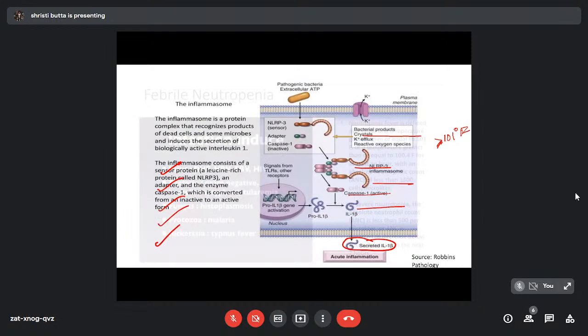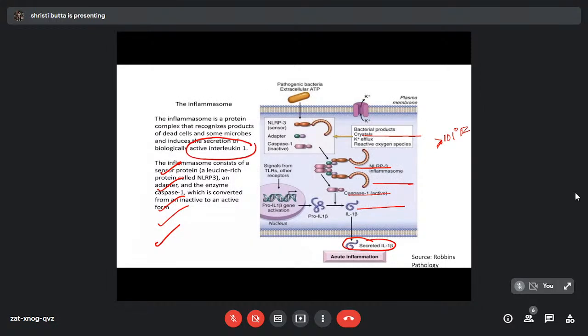Now let's move on to inflammation. The basic component resulting in fever is interleukin 1 beta. So what is this interleukin 1 beta and where does it come from? The inflammasome is a protein complex that recognizes products of dead cells and some microbes and induces the secretion of biologically active interleukin 1.